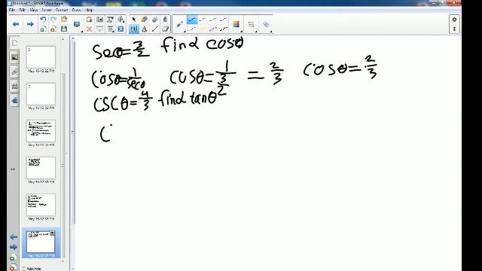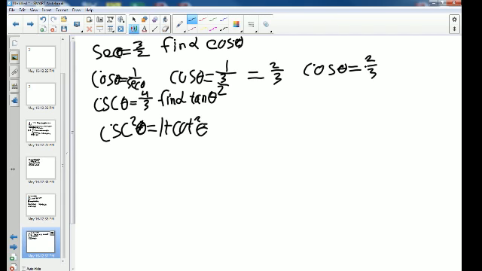So we're going to use the Pythagorean identity cosecant squared, or my bad, you can switch it around and make it equals 1 plus cotangent squared theta. It's the same concept, it's just flipped around.